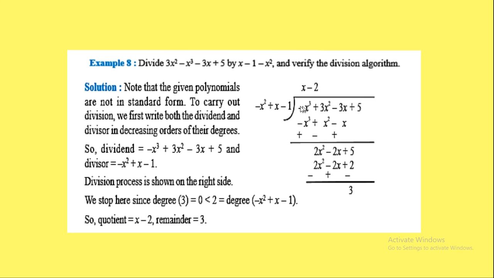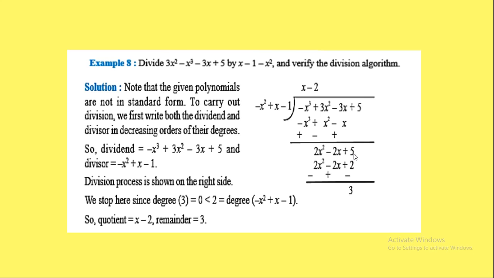Now we subtract this polynomial. Minus x cube minus minus x cube is 0, 3x square minus x square is 2x square, and minus 3x minus minus x is minus 3x plus x, that is minus 2x, and 5 minus 0 is 5.